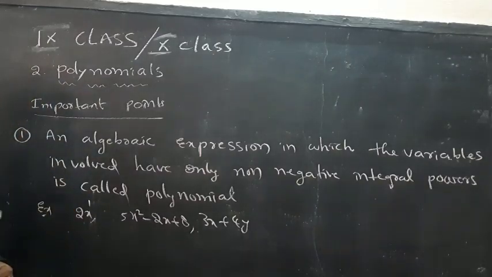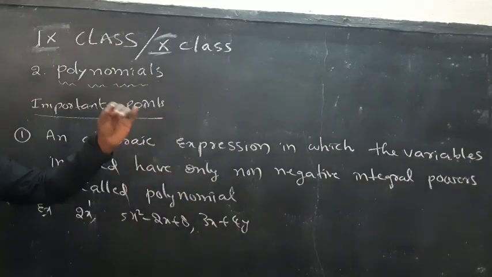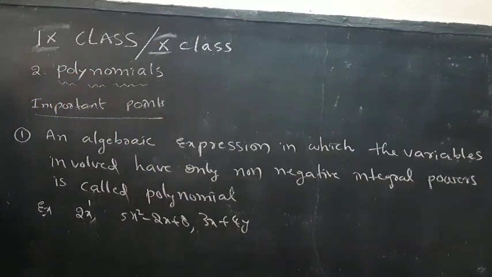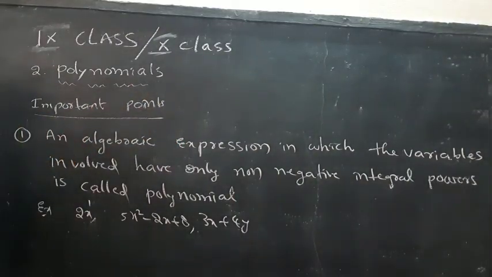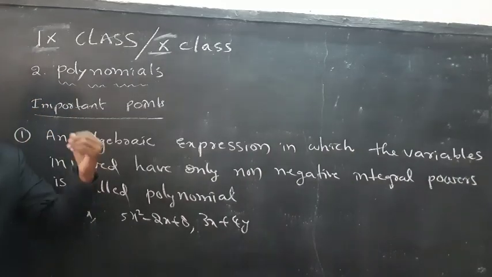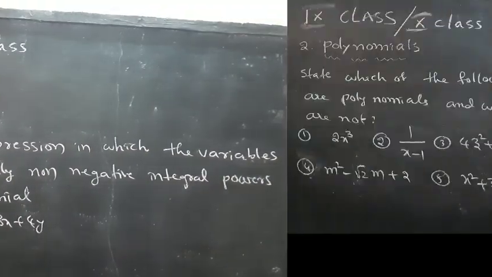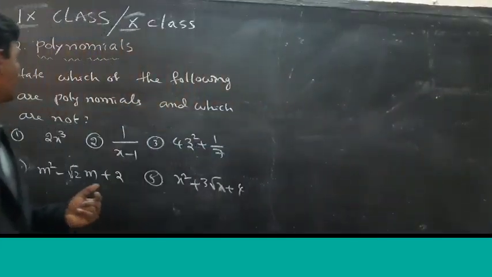So I am repeating that. What is a polynomial? An algebraic expression in which the variables involved have only non-negative integral powers is called a polynomial. So polynomials are a very important chapter for 10th class and also 9th class. Some examples here.